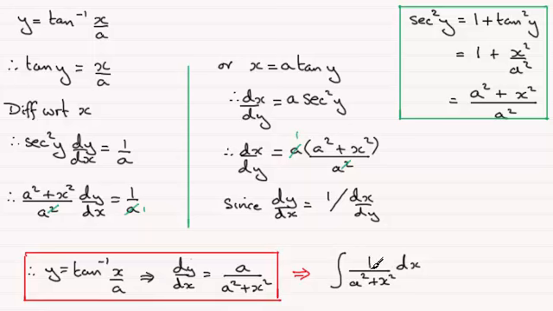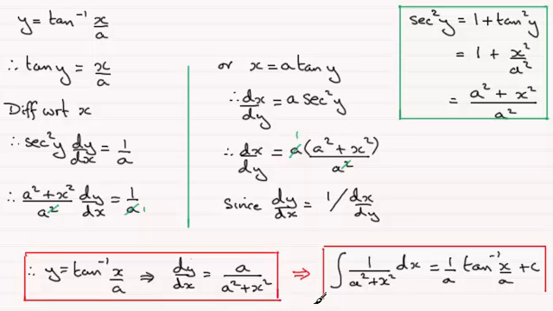But now I've written the 1 here, this result, if I make the adjustment, will be 1 divided by that constant a times the inverse tan of x over a, plus a constant of integration, of course. So it's important that you are familiar with this result here as well. And again, you're likely to see this in your formula book, but nonetheless I'd encourage you to try and remember that one.